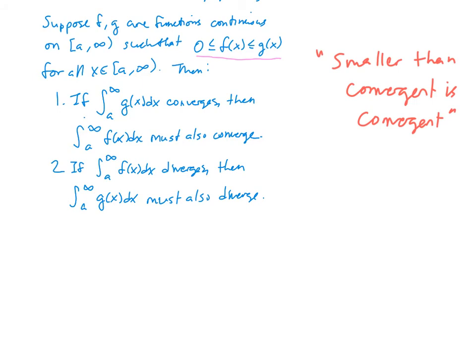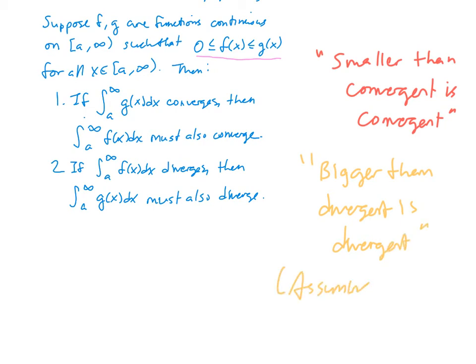And idea number two, bigger than divergent is divergent. Assuming, and this is for both of them, assuming everything is positive. That's crucial. If we're working with functions that can have negative values, then we need to think a little bit harder about what's going on.